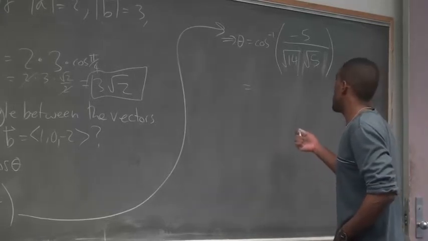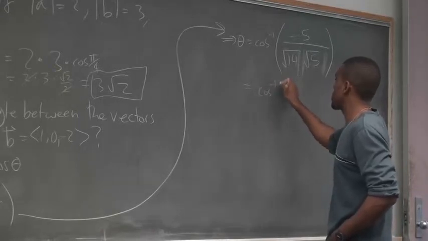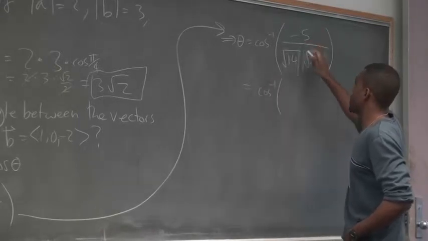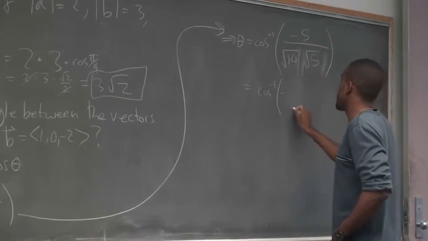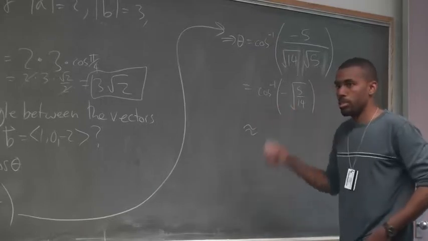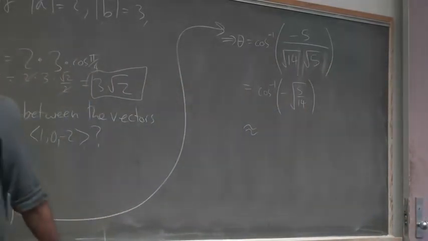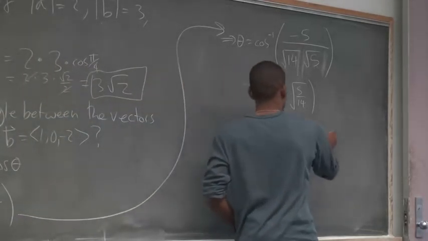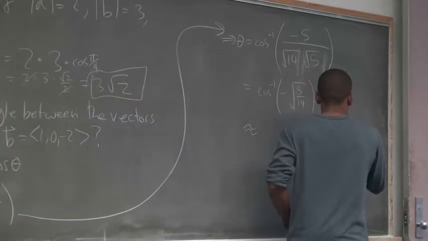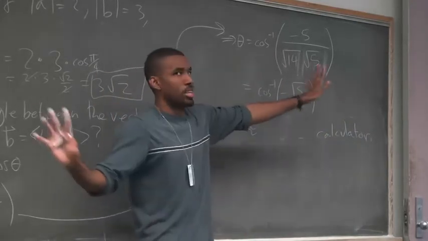You can cancel root 5 into this and sort of think of it as 5 over 14. You can plug that in your calculator. That's not something you should know off the top of your head. In a test or something, I'd make it nice, like an angle that you should actually know.